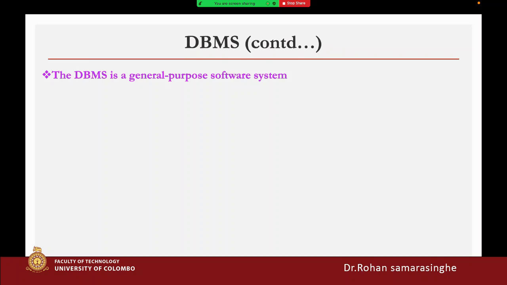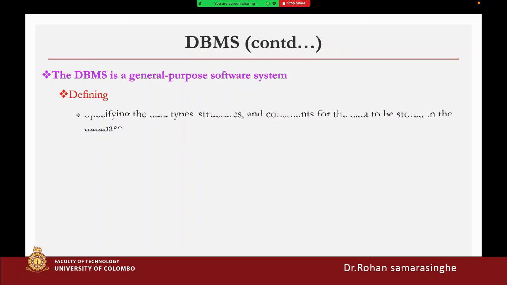And this database management system is a general purpose software system. Defining means specifying the data types. Definitely you will have to define the data types, whether it is a string, or if you want to store a date, you can give the type date, as well as integers and doubles.